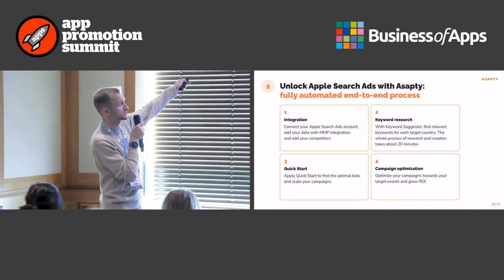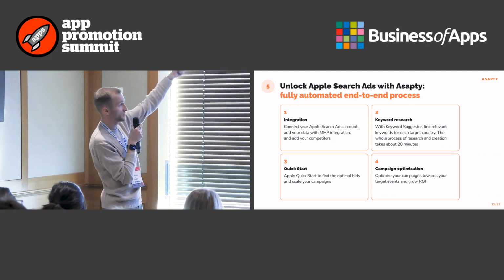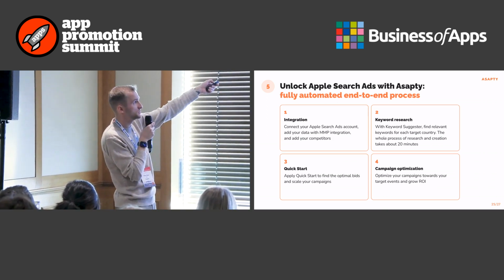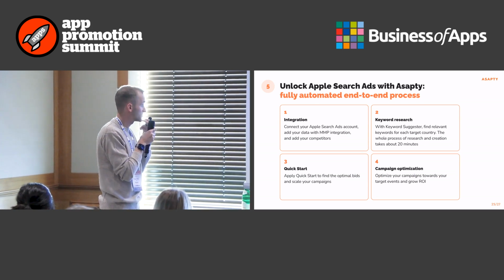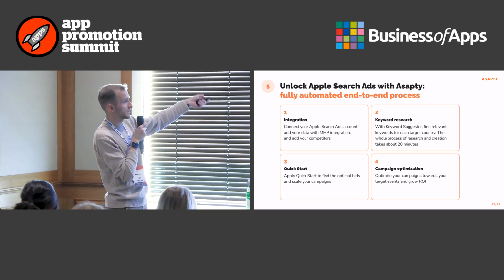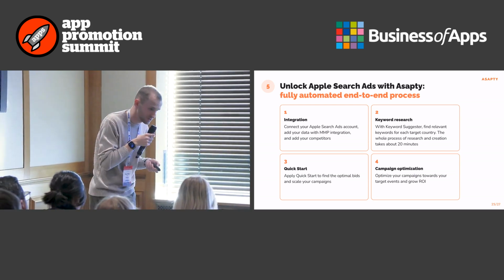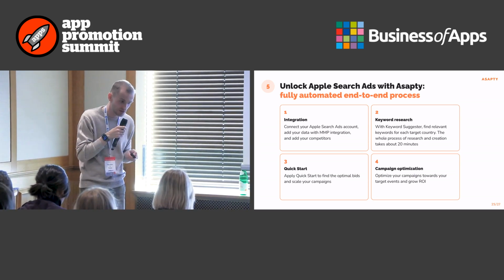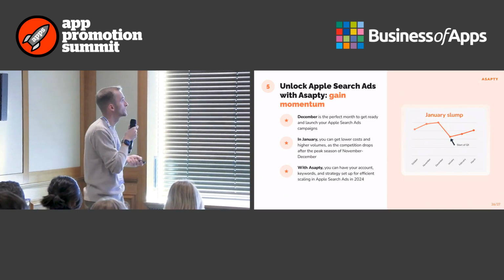The whole process of creating campaigns with us is about creating an integration that takes a few minutes, researching your keywords, which takes about 20 minutes for each country, applying the quick start and applying the campaign optimization, and that's all. So you can literally set up your ideal Apple Search Ads campaigns in a few days if you would like to run them for all available countries.